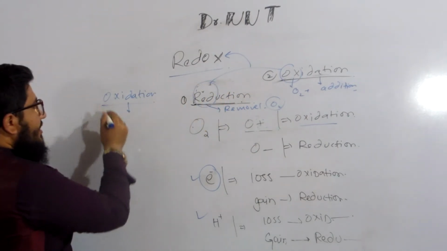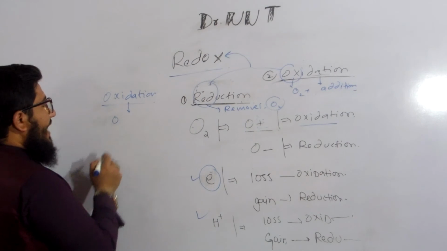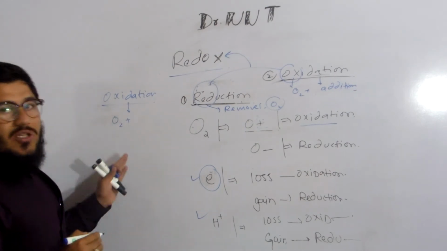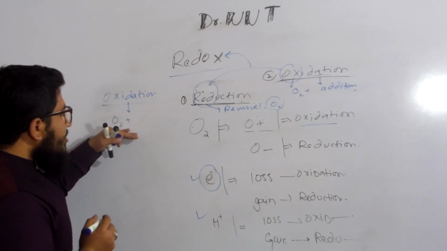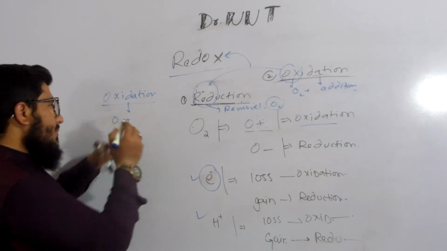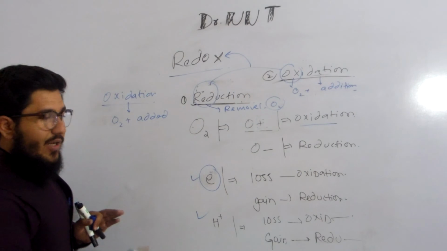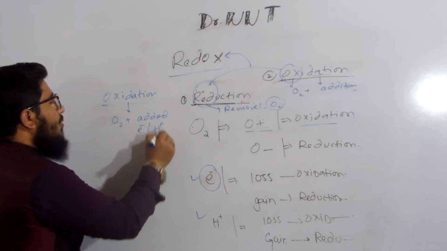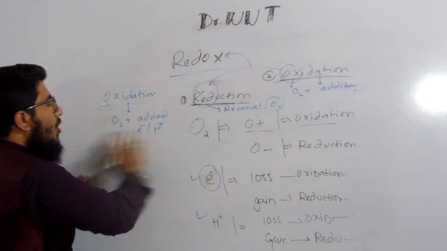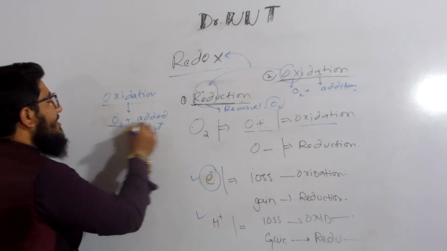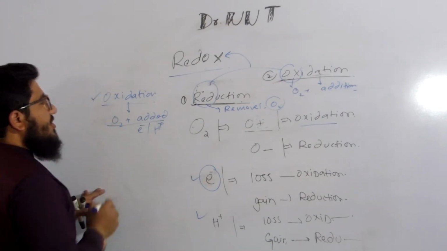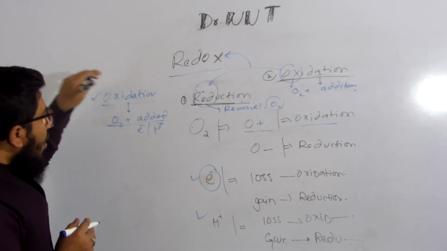The very first thing: if oxygen is added, that is called oxidation, and the rest of the other things, either electron or proton, are lost. Only oxygen is added, and the others are lost, then that reaction is called oxidation. Just remember this.